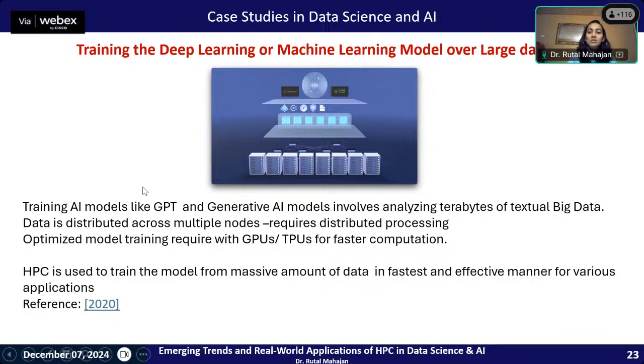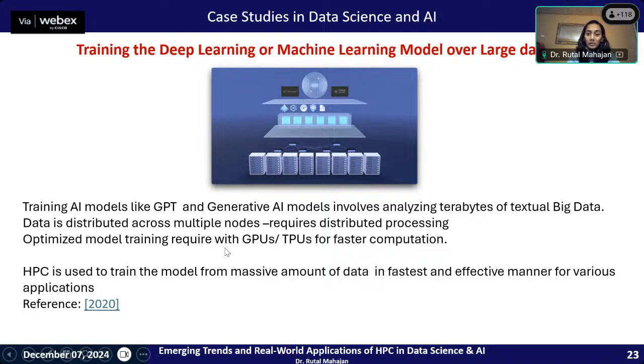So that data is distributed across multiple nodes and requires distributed processing. Optimized model training is also required with GPUs and TPUs for faster computation. At that time, HPC is used to train that model from the massive amount of data in the fastest and most effective manner for various applications.